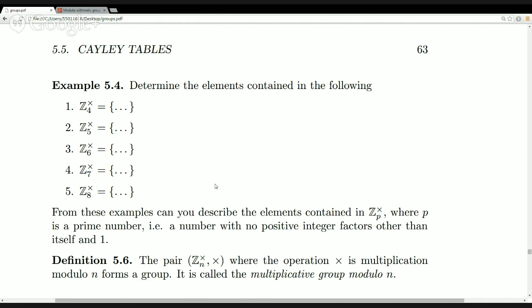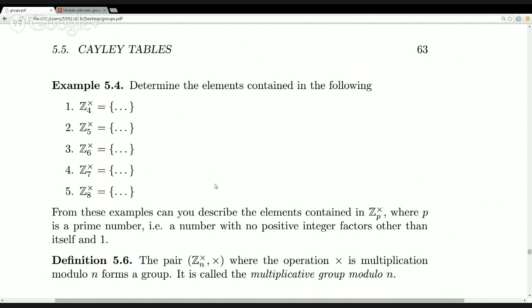No other positive integer divides 5. So all of the numbers strictly less than 5 are going to be coprime to 5. Doesn't matter what factors they might have, they can't share any factor with 5 because 5 doesn't have any factors. It's prime. It only has the obvious factors 1 and itself. So you get the idea.